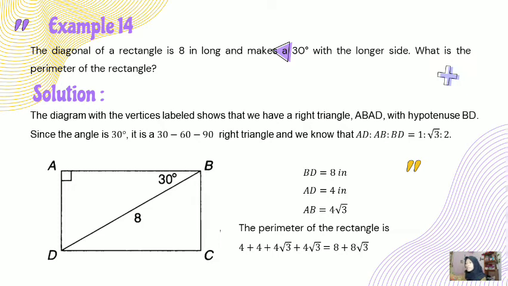It is a 30-60-90 triangle, and we know that the ratio AD to AB to BD equals 1 to square root 3 to 2, and BD equals 8 inches, AD equals 4 inches and AB equals 4 square root 3. The perimeter of the rectangle is 4 plus 4 plus 4 square root 3 plus 4 square root 3, which equals 8 plus 8 square root 3.